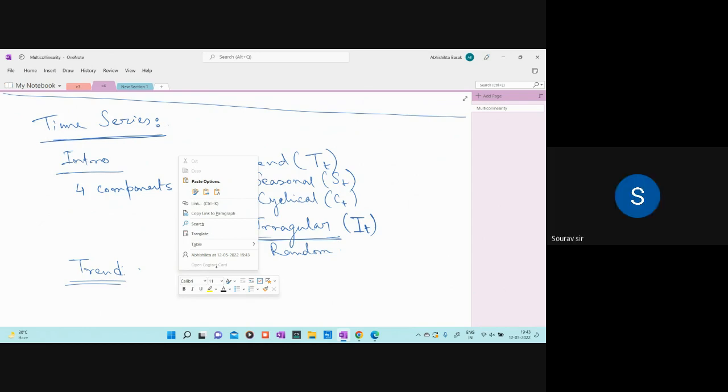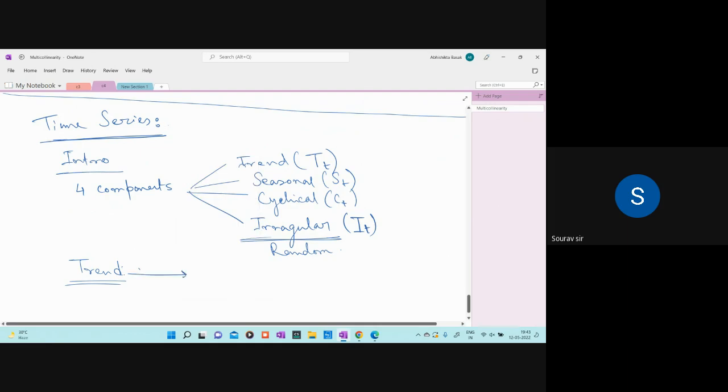This is one of the major components of a time series which is always present in any time series, irrespective of the irregular component. If seasonal and cyclical components are present, we need to remove them. But the trend is one of the important components and is always present.